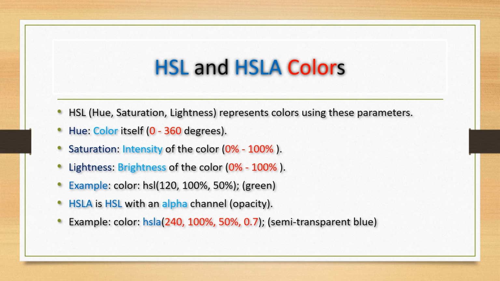Example: color: hsl(120, 100%, 50%); green. HSLA is HSL with an alpha channel, opacity. Example: color: hsla(240, 100%, 50%, 0.7); semi-transparent blue.